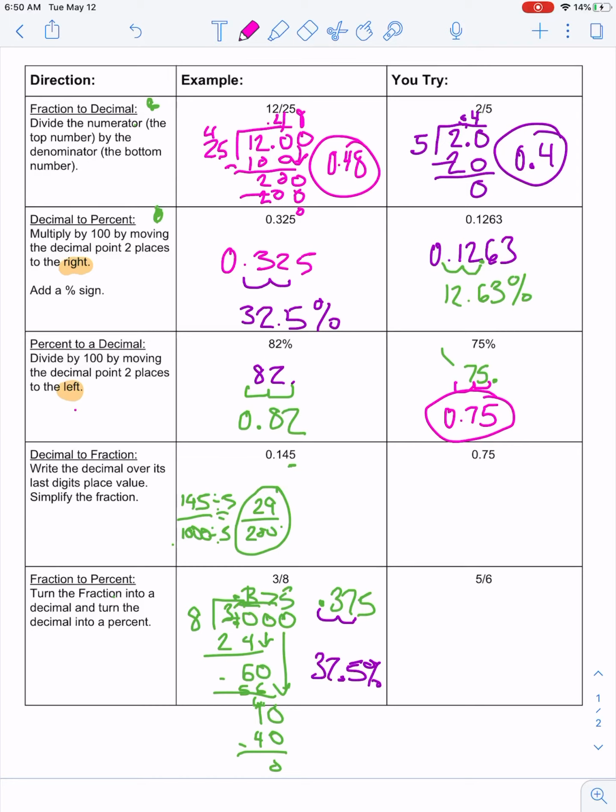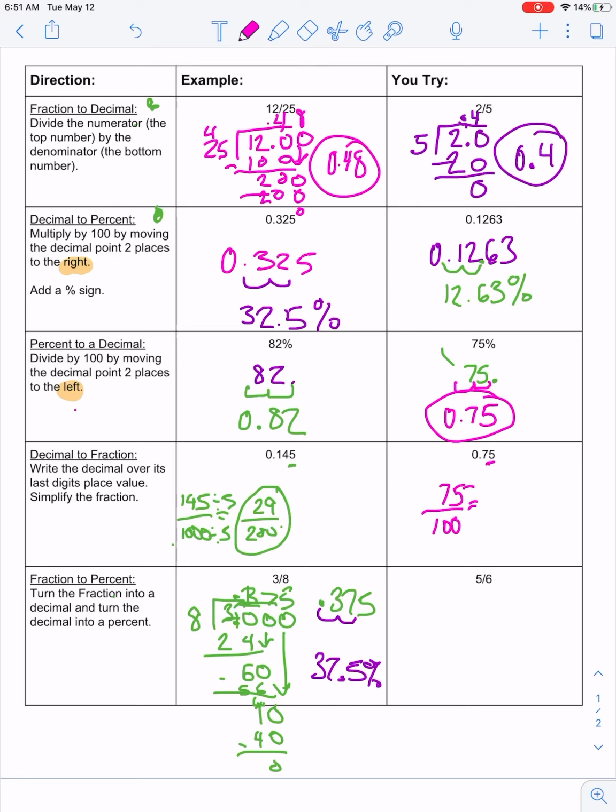Now let's work and make our decimal to a fraction. So what is 75 hundredths as a percent? Or no, as a fraction. So we're going to take 75 hundredths, so our last place is in the hundredths place, so that means we're going to put 75 over 100.